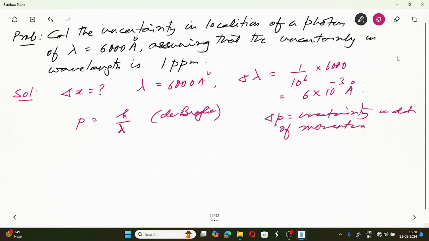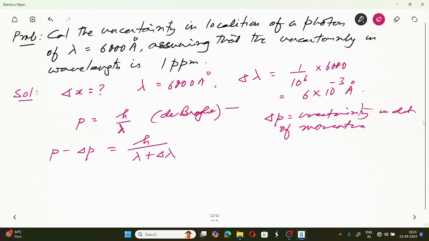Then we can write P minus delta P equals h divided by lambda plus delta lambda, because this is inversely proportional to wavelength. So if I subtract the uncertainty of momentum, then the uncertainty in the corresponding wavelength should be added, because there is an inverse proportion.